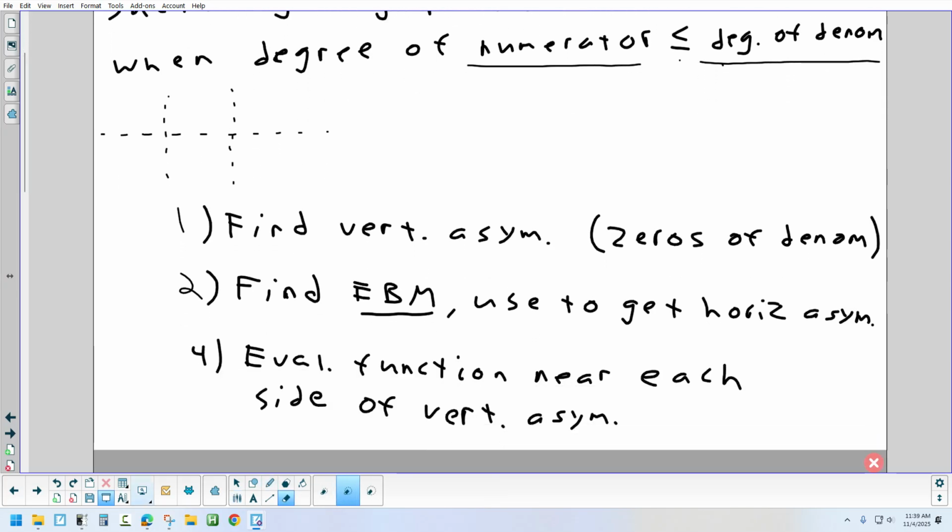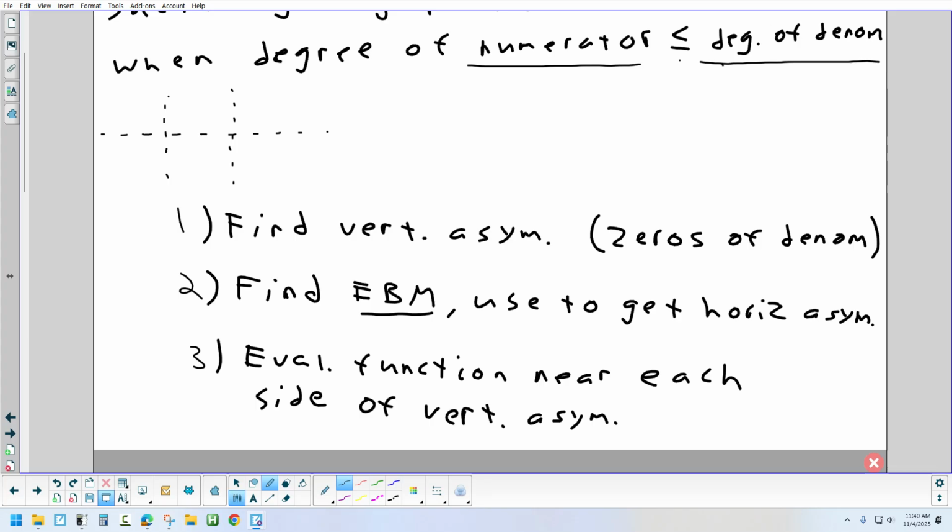Once we get our asymptotes, then we need to check what's happening near the asymptote. Okay, so what do I mean by near? Well, let's say I had a vertical asymptote at 2. I would want you to go to the graphing calculator and plug in a number like 1.99. And then I'd want you to plug in a number like 2.001.